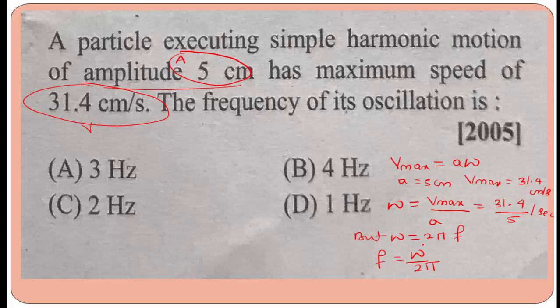Here f is equal to 31.4 divided by 5 into 2 into 3.14. 5 into 2 is 10, 10 into 3.14 is also 31.4. 31.4 divided by 31.4, we get f is equal to 1.